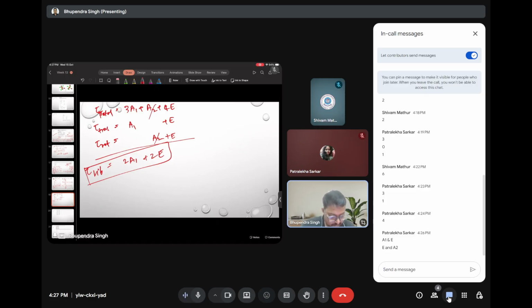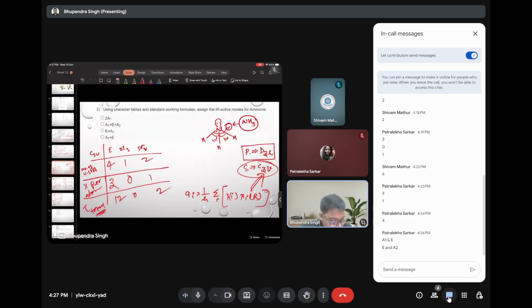So how many vibrational modes will be there? How to calculate? Total vibrational modes: 2 into 1 plus 2 into 2, which is 6. Also you can find it out: is this a linear molecule?